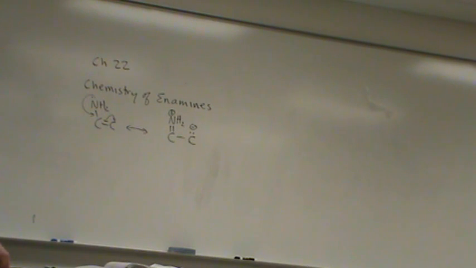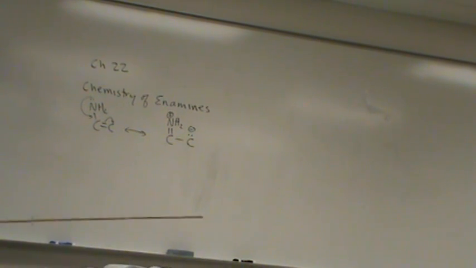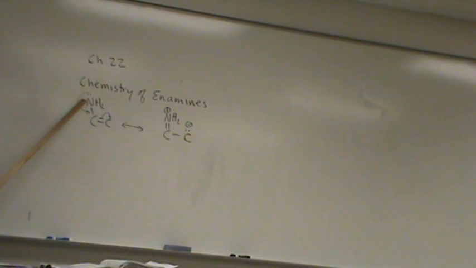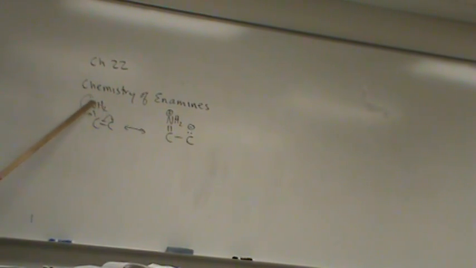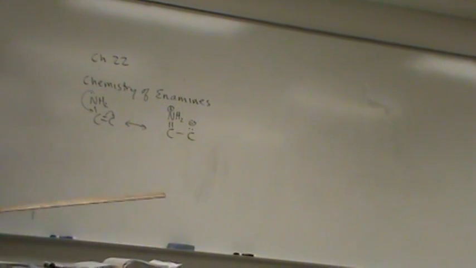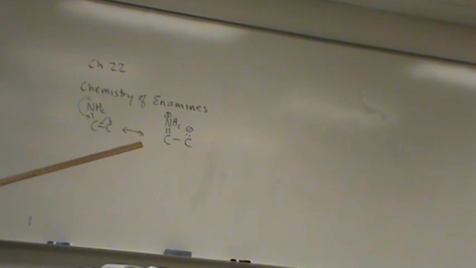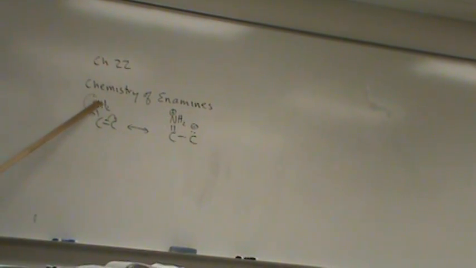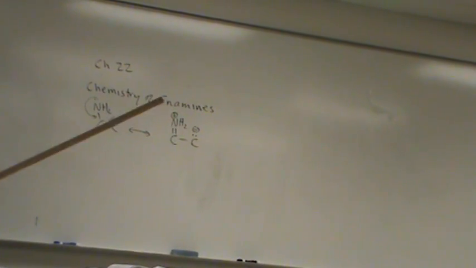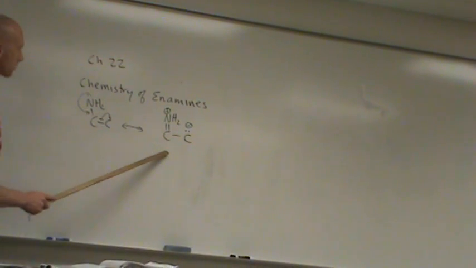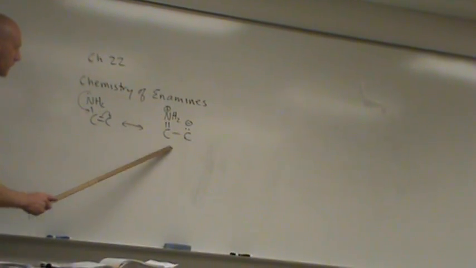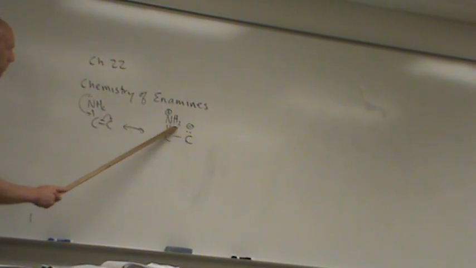Here we get a similar situation to what we just looked at with the enolate ion. Remember the enolate ion had two different lone pairs that could be a nucleophile. Well, this one does too, the nitrogen and this carbon. Which do you think will act as the nucleophile? Nitrogen or the carbon? The carbon. There's this double bond here, just like the carbonyl, very stable.